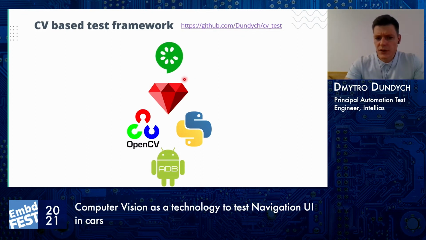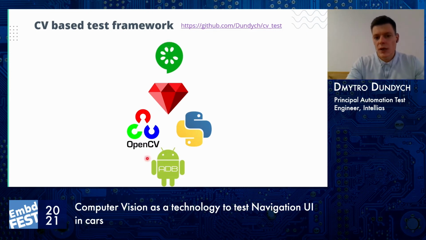So that's a couple of words about our framework. There are a lot of technologies, because we have a system based on Android that runs in our cars. There is the OpenCV library running with Python, and we wrapped all this with a lot of Ruby tests, and we use Cucumber for another reason.